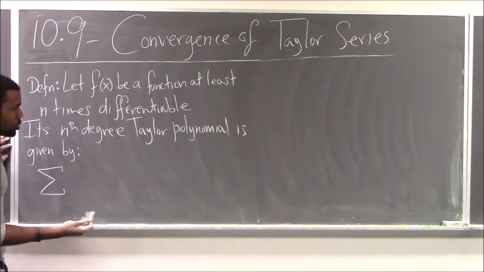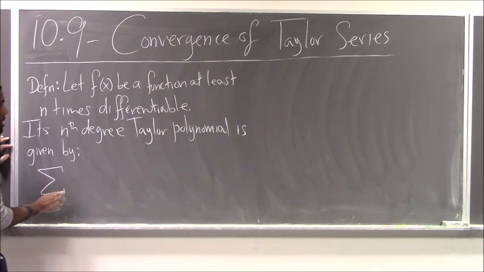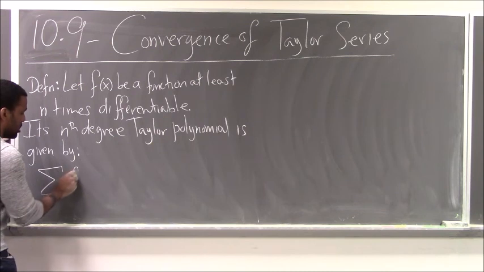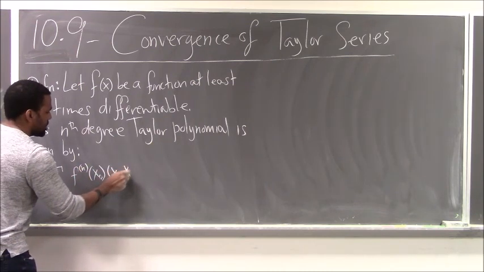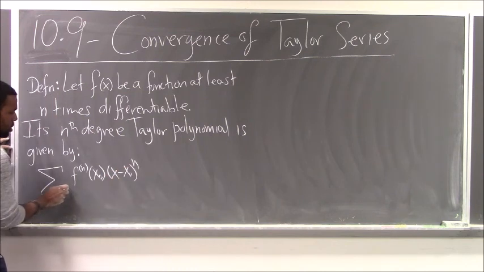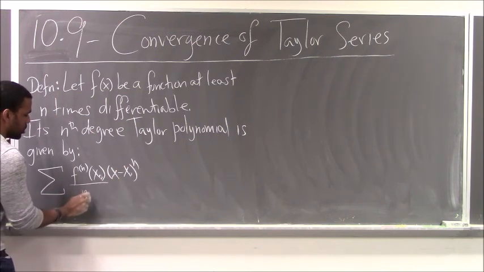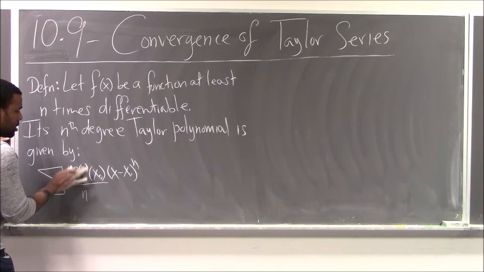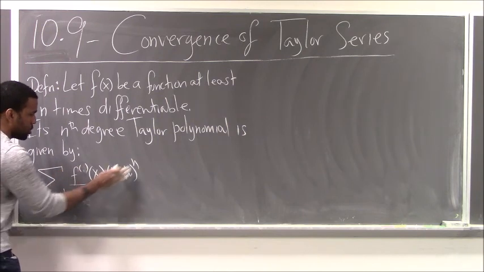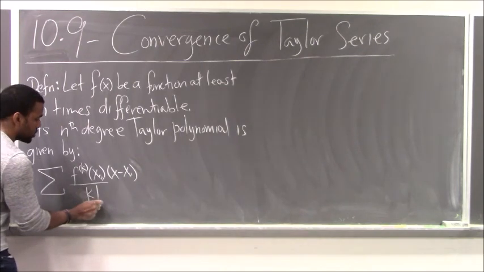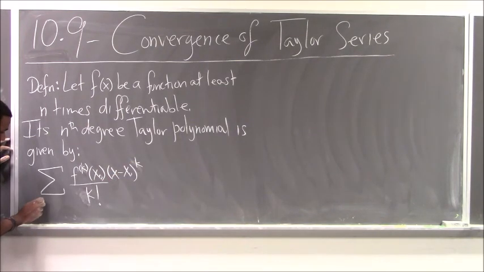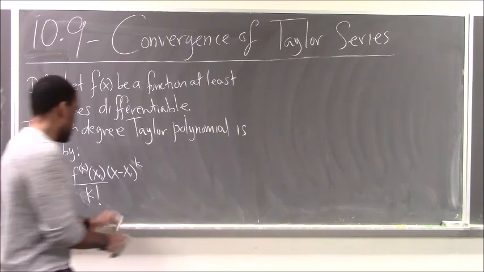So it has n plus 1 terms, and it has f to the k of x naught, x minus x naught to the k, over k factorial, where k goes from 0 up to n.